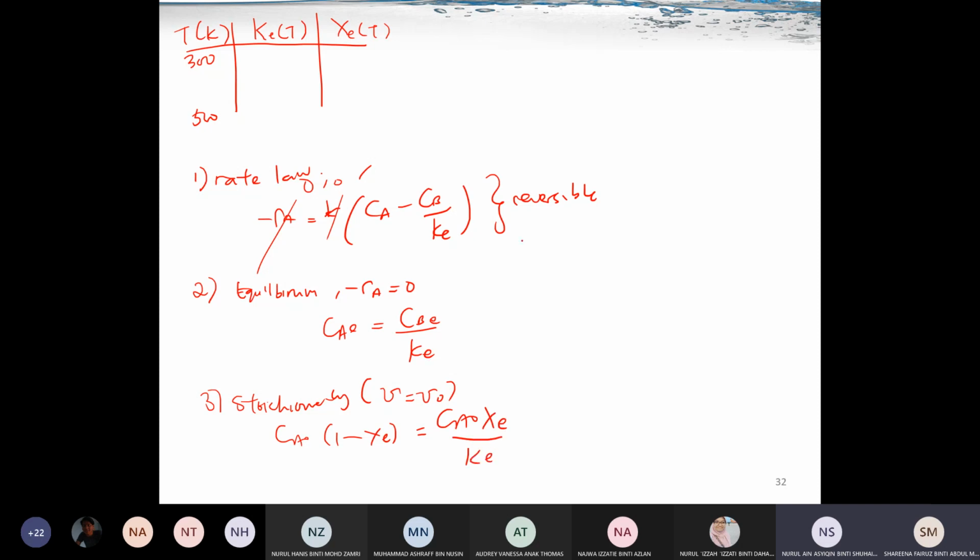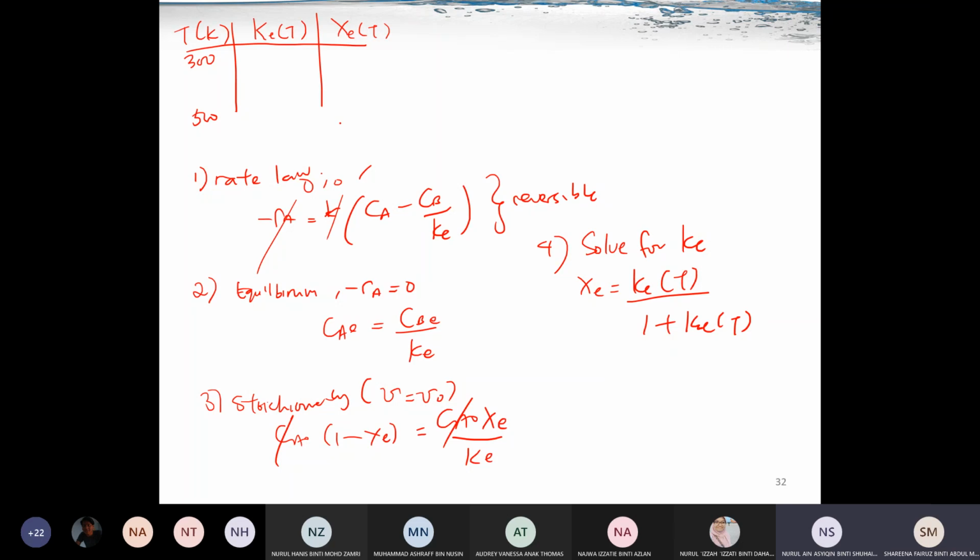Okay, so kita solve for XE, just rearrange here. Alright, so this one kita boleh cancel lah. Okay, so you rearrangekan ni, you will get XE is equal to KE over 1 plus KE. Okay, that's why you need to get the KE first. Okay, then you will be able to get the XE.